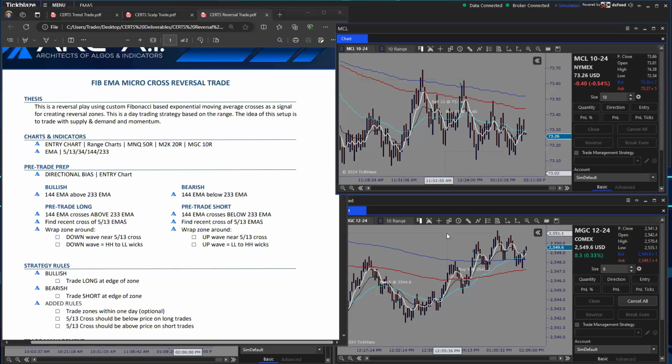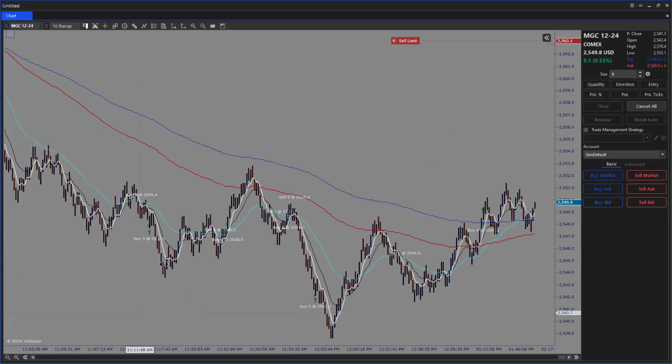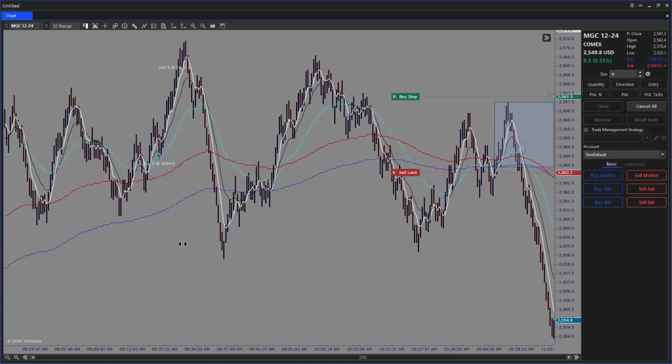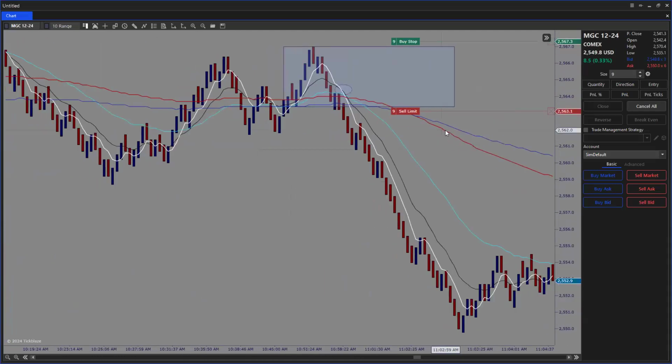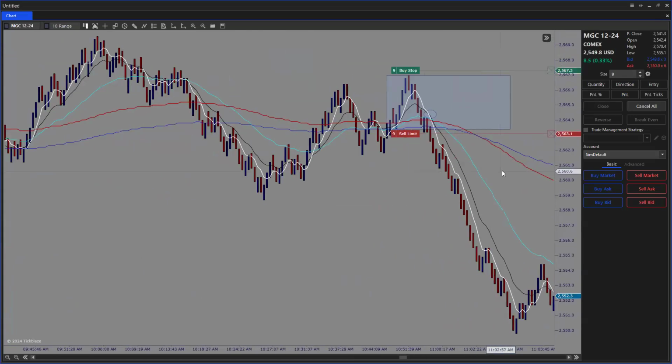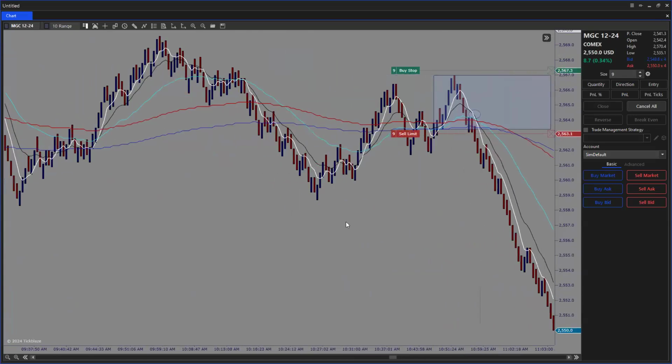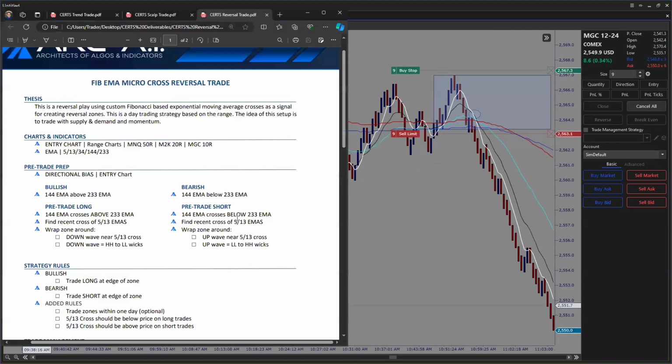Longs we're looking at, let's actually find an example of a trade. We can just use this even though we didn't trade it, but this is an example here. Then we can see both on the same screen.